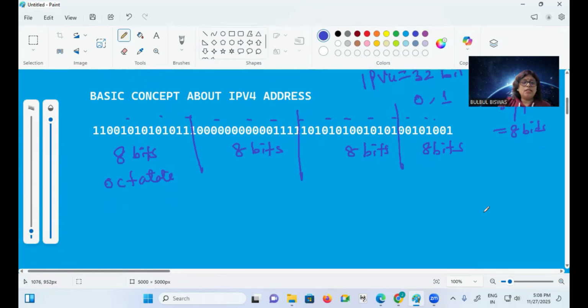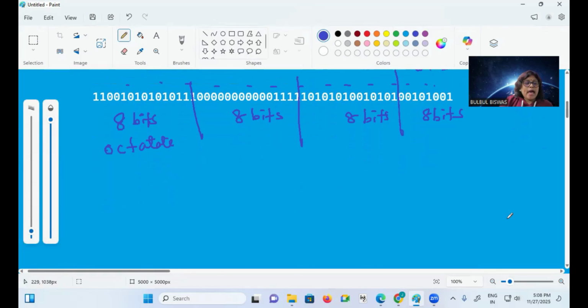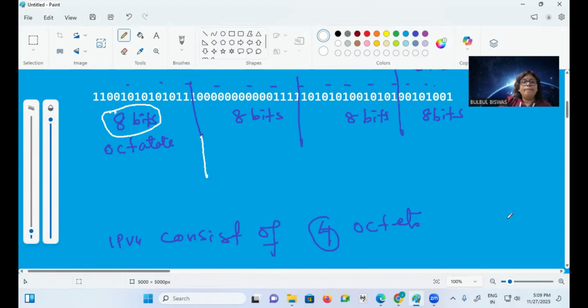So the foremost thing: an IPv4 address consists of how many octets? 4 octets.